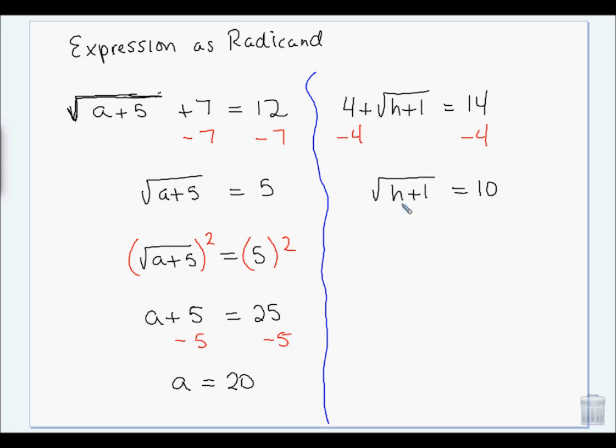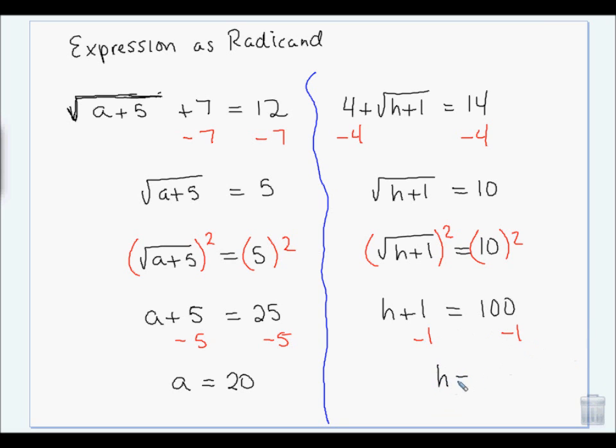So I'm left with the square root of h plus 1 and that equals 10. Going to square both sides. And I get h plus 1 is equal to 100. Subtract 1 from each side. H is equal to 99.